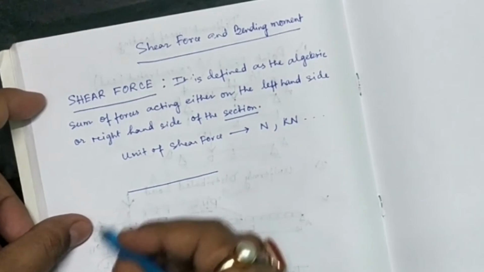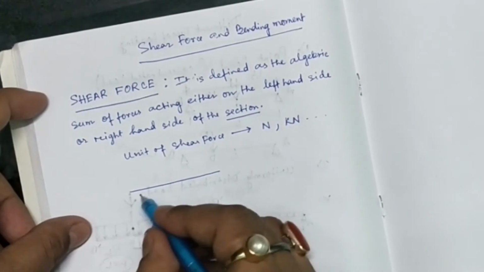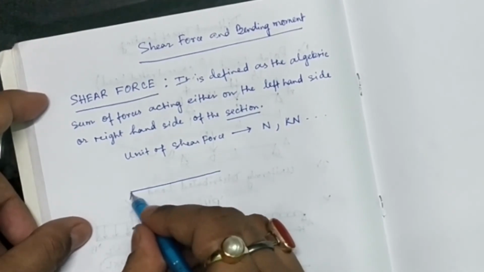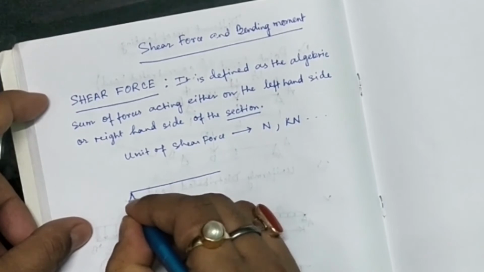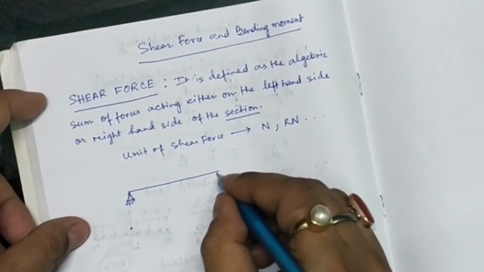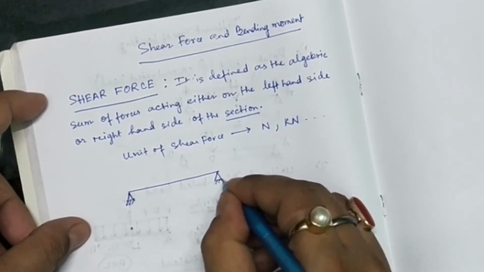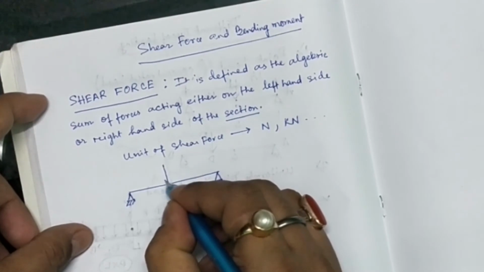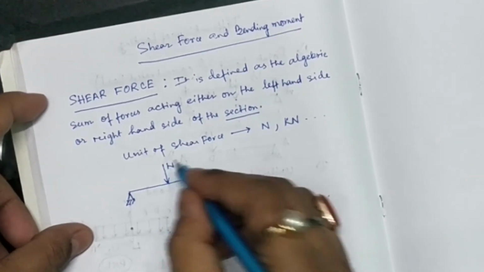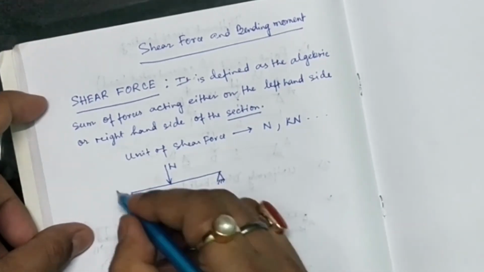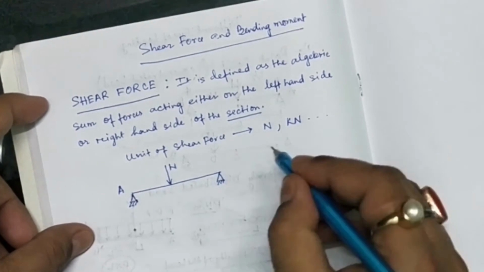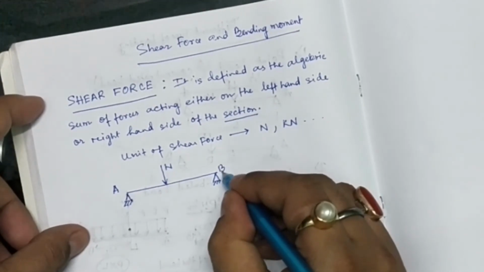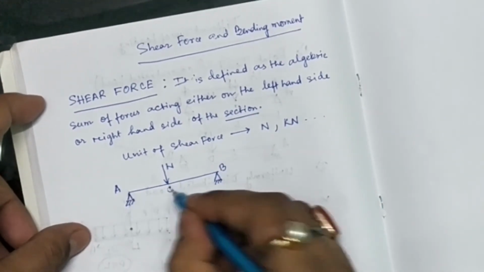I am just taking an example, it can be any type of beam. Suppose there is a simply supported beam here, and for example we have one force acting at this particular point. Let us consider that the span of the beam is AB and this is point C.